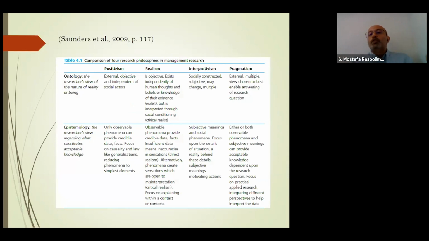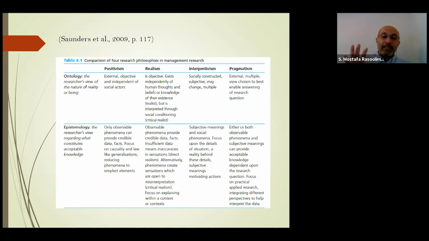If we think both types of knowledge are valid, and we can apply either based on the research problem or research question, and we can do it in two different ways based on our research objective, then our paradigm is pragmatism. So in the first part of your methodology, you have to identify, explain, and justify your research paradigm.